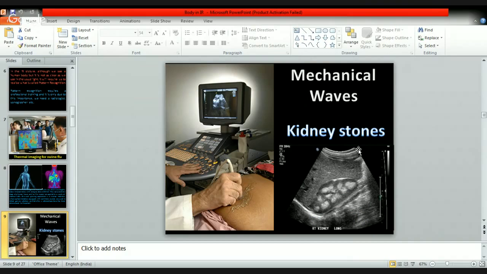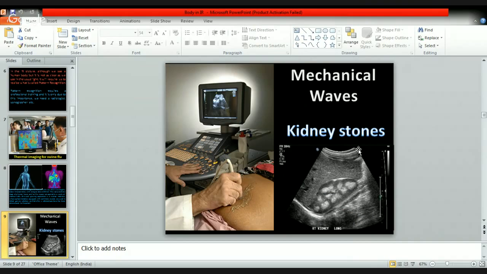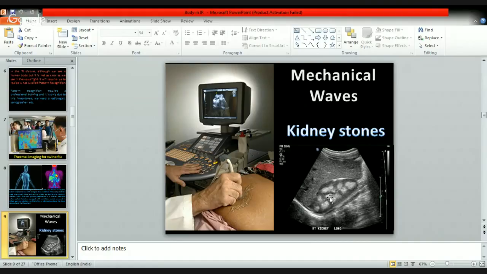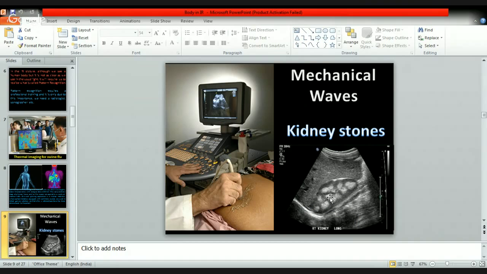So ultrasonic will also get reflected from various tissues or other foreign materials or bones present in our own body. So this part shows the kidney stone in the tissues of the kidney, and the expert will be in a position to measure even the dimensions. Yes, there is a kidney stone.